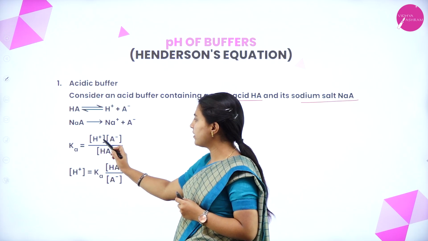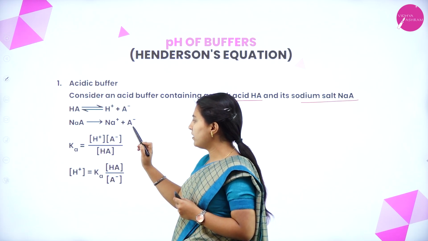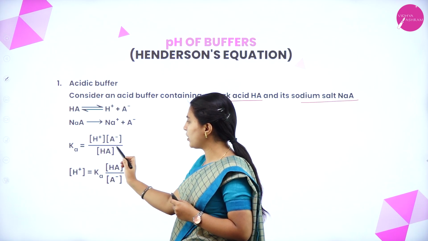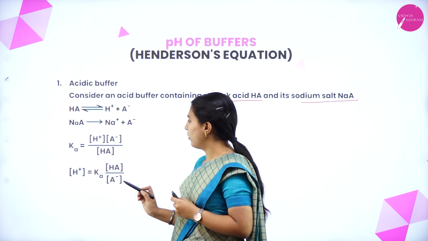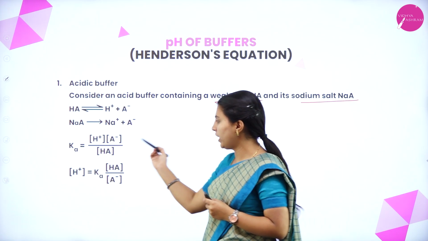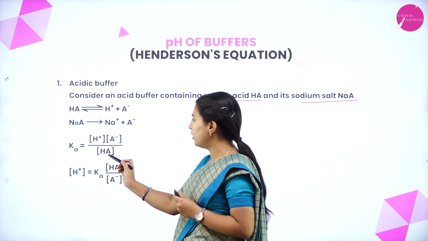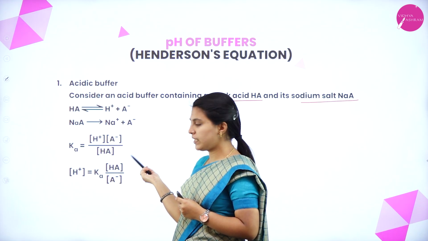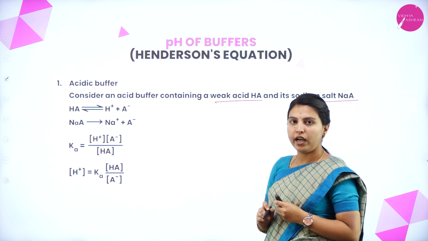The molar concentration of H plus ions times the molar concentration of A minus ions divided by the molar concentration of weak acid. Okay. If you want the molar concentration of H plus ions, we have to take the left hand side equal to the dissociation constant times the concentration of weak acid by A minus ion.